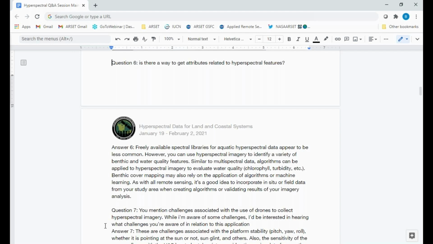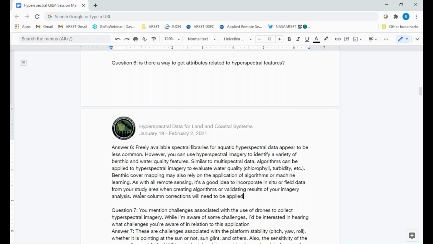So you don't only have the issue with the atmospheric correction, but also the water column correction. This is where it becomes really important to have the underwater data collected either at the same time as the satellite or aircraft overpass if you're dealing with an airborne sensor.